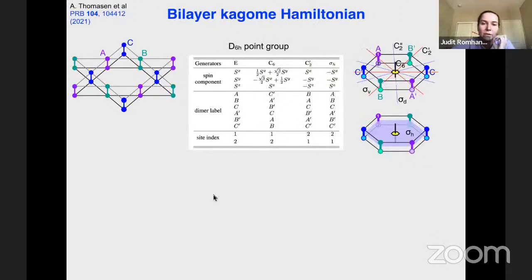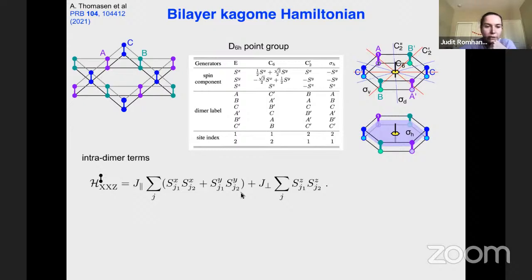To start this, we just looked at the point group symmetry of this toy model, and starting with this higher symmetry, this D6h, we tried to systematically derive all of the interactions that are allowed by this symmetry in this model.